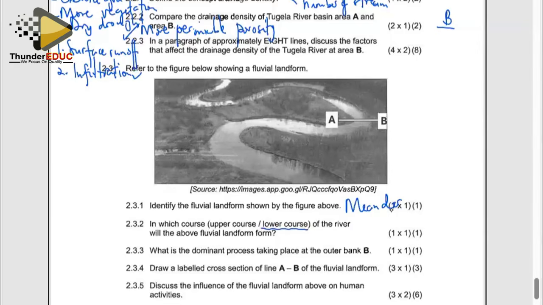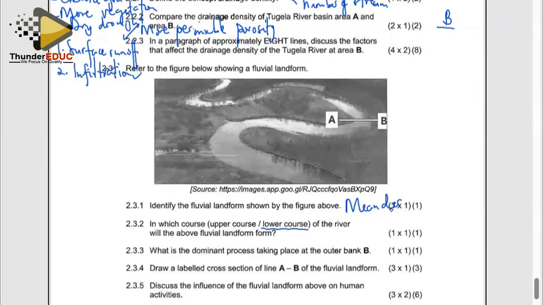Typical landforms in the upper course are rapids, gorges, waterfalls, V-shaped valleys, because of high rates of erosion and the steepness of the landscape in the upper course. But as we go to the lower course, the ground becomes gentle. The river starts to wind as it tries to locate areas of weakness to flow.